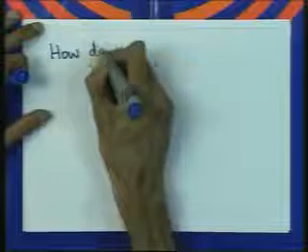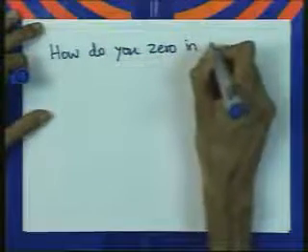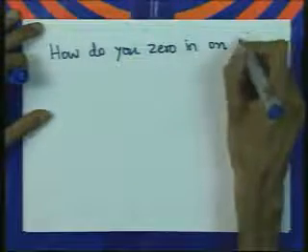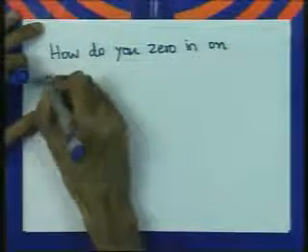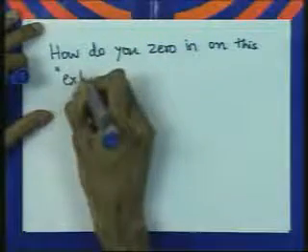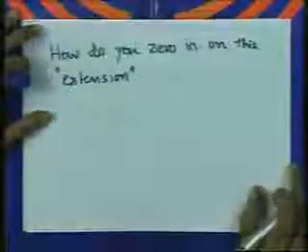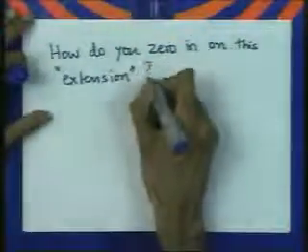So the question is, how do you zero in on the extension of this optimum solution that you are building?